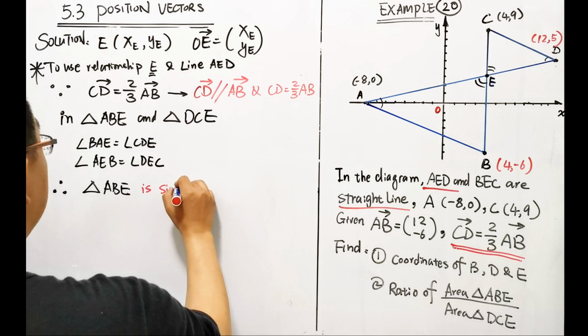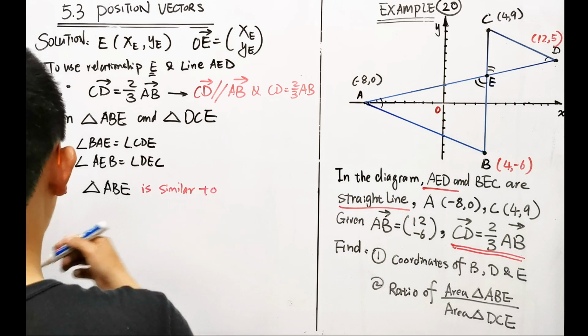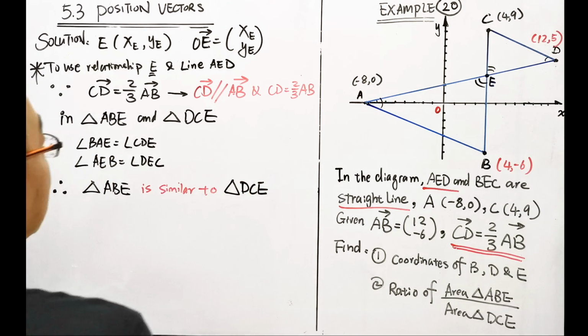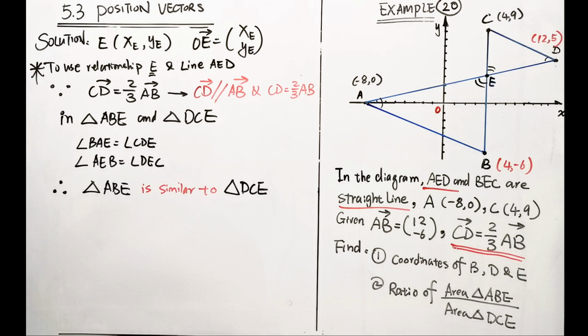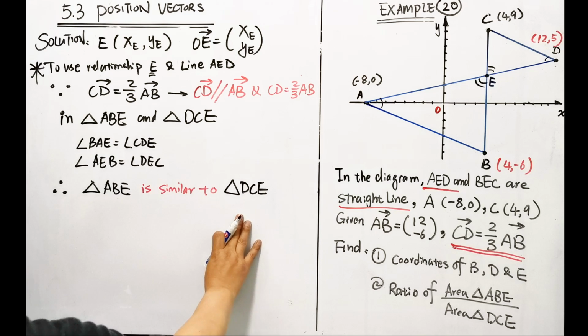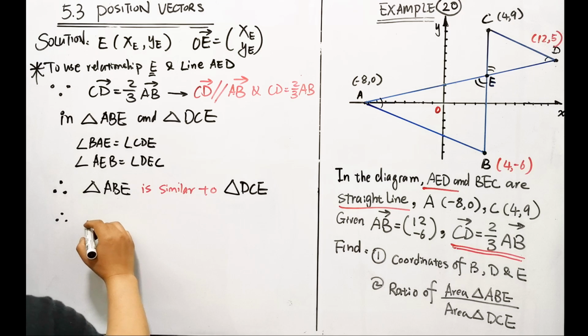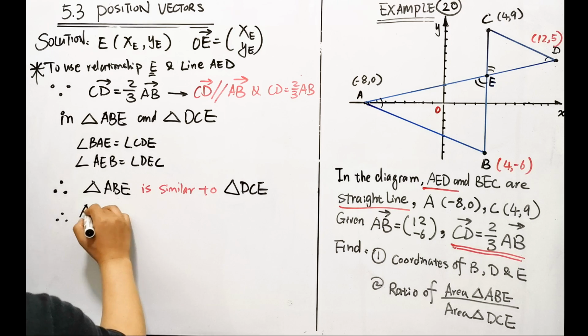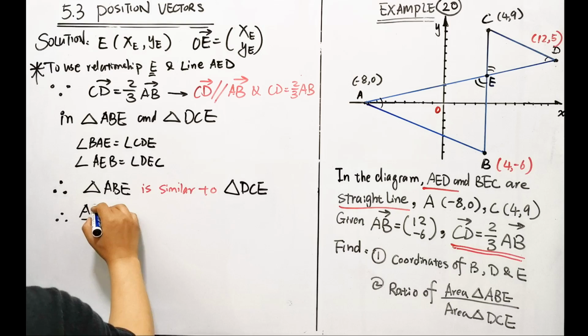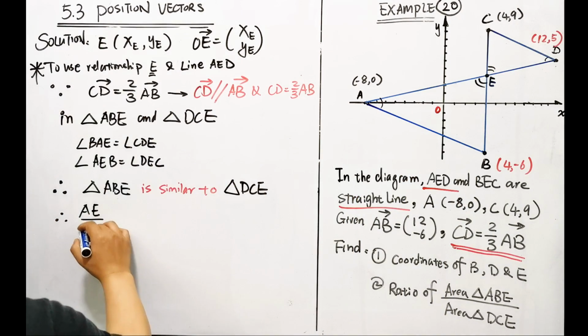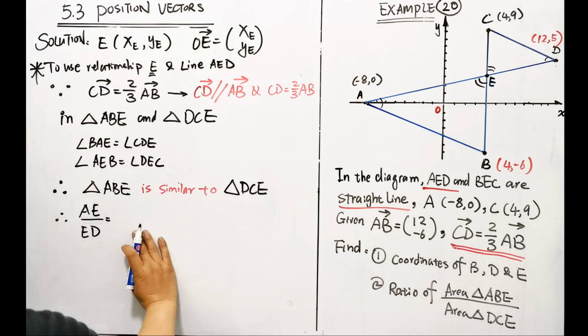is similar to the triangle DCE, right? So we can easily find out this answer. Since these two triangles are similar to each other, we can continue to find out that AE over ED, what's the ratio?